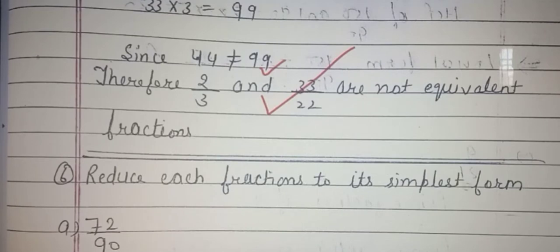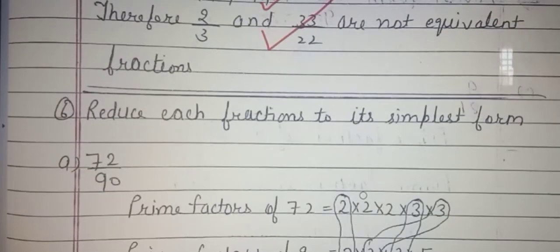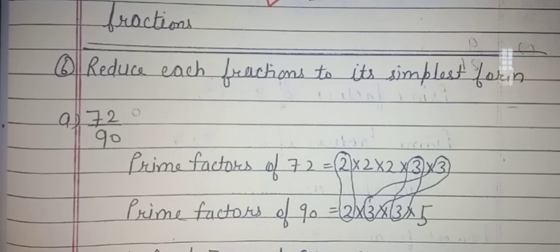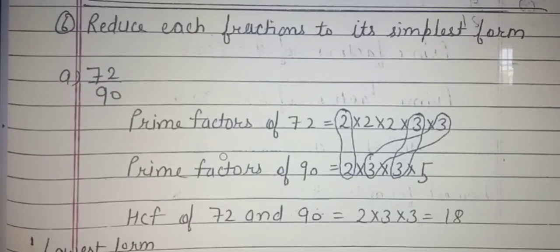Reduce each fraction to its simplest form. In our previous discussion, I told you that when we are reducing a fraction into simplest form, we have to find the HCF of numerator and denominator. For finding the HCF, here I have done prime factors of 72 as well as prime factors of 90.